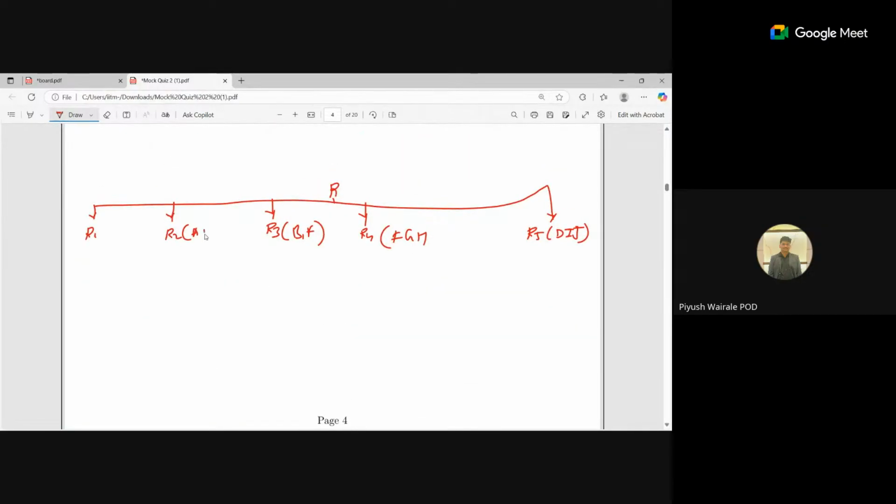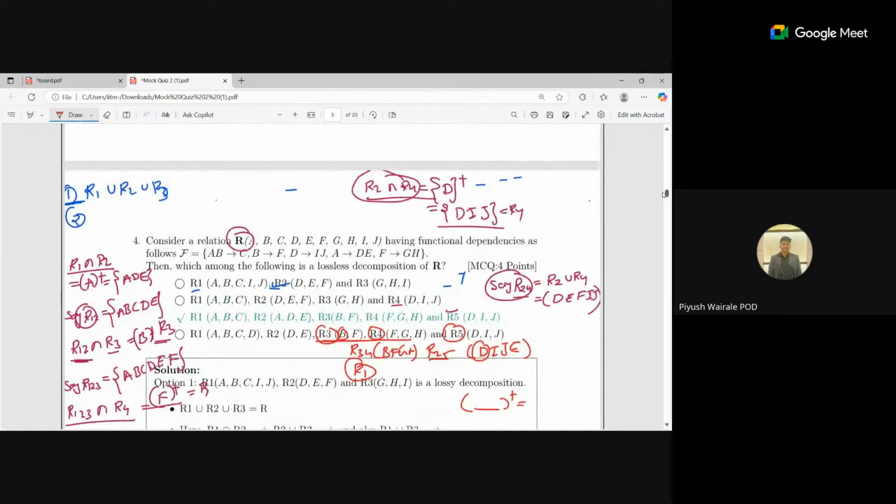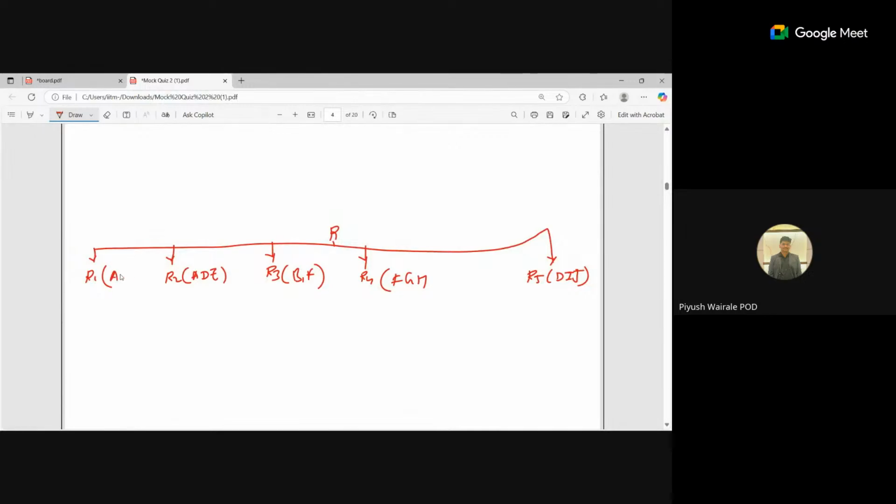Here we have ADE. Here we have ABC. So you can see we have written down the decomposed relations. Now write down whatever functional dependencies are applicable to R1, that is F1, for R2, F2, for R3, F3, for R4, F4, and for R5, F5.